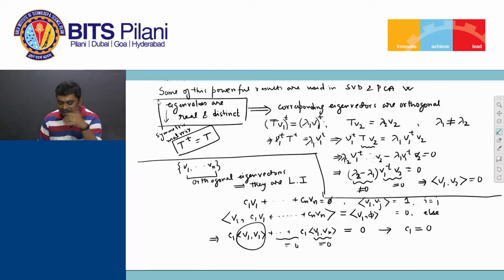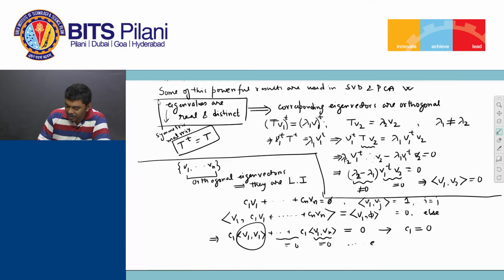Now this is a very simple and repetitive exercise. You replace V1 by any vector, V2, V3, V4. What will happen is it will be shifted toward the right, meaning when I write V2 here, I will naturally infer that C2 is equal to 0. If I use V3, I'll infer C3 equal to 0. So I really don't need to repeat this.